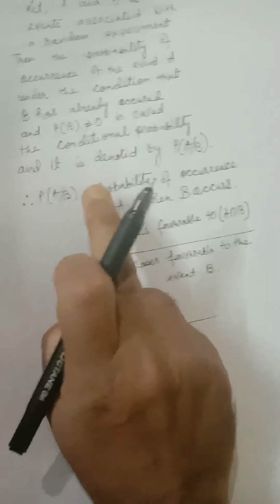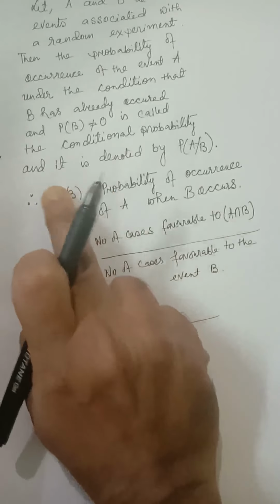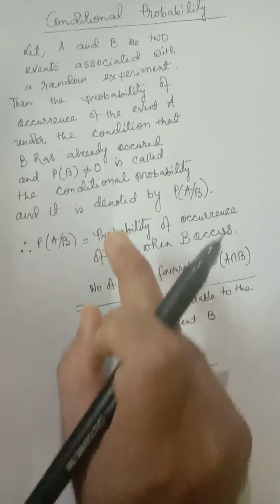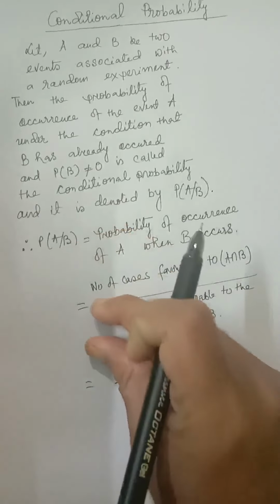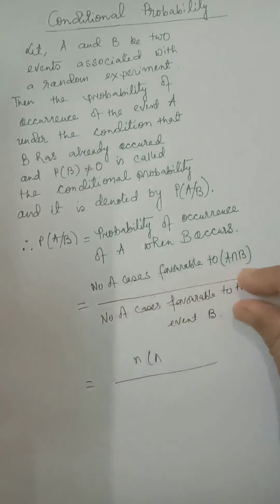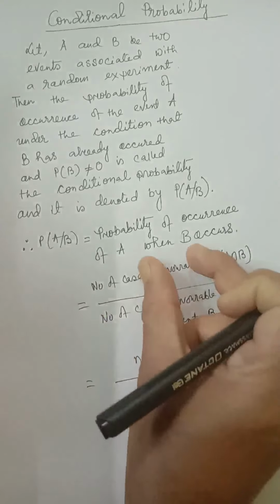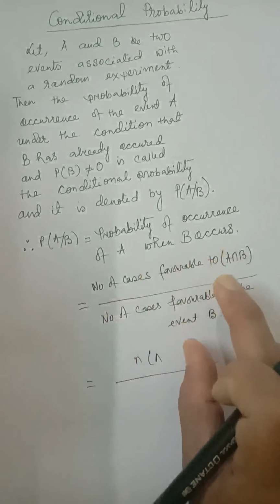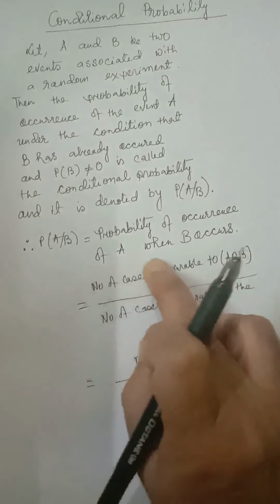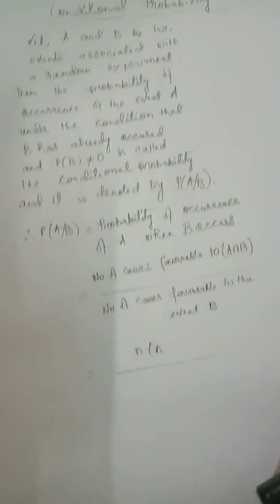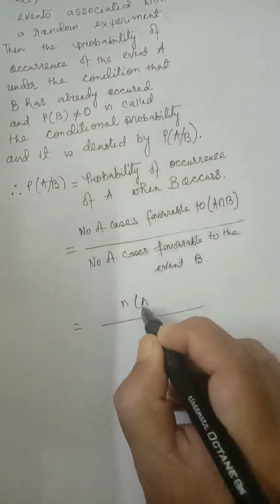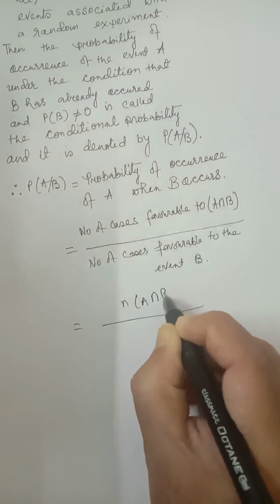P(A/B) means probability of A when B has already occurred. Suppose these are the number of cases which are favorable to the event B. Out of these cases, how many are favorable to the event A also? That is, these cases are common to both A and B. So number of cases favorable to A intersection B, we write in this way.